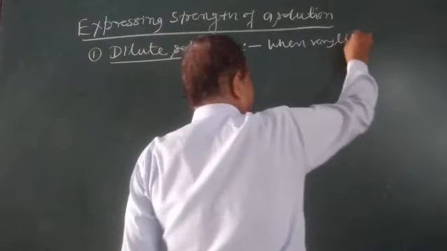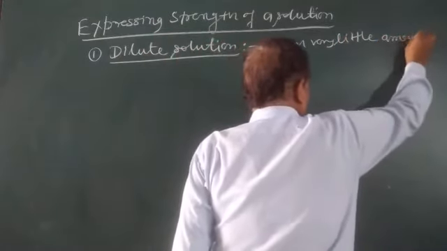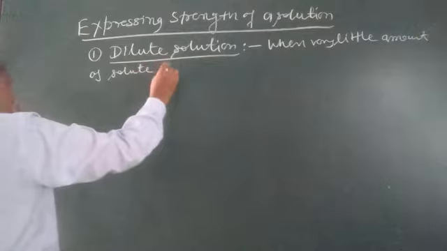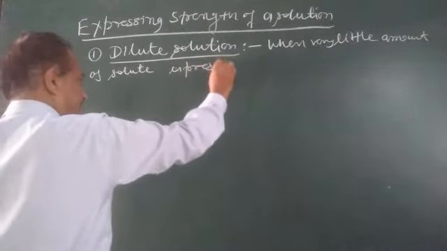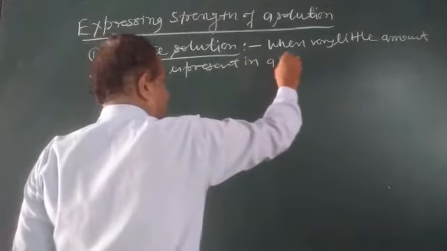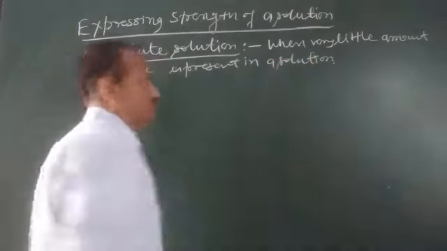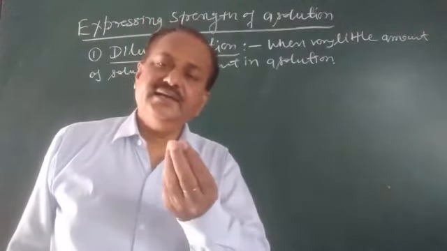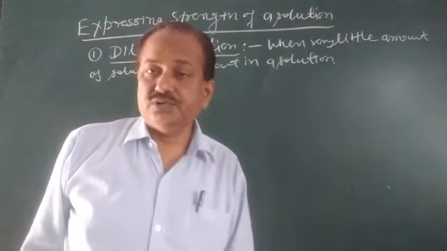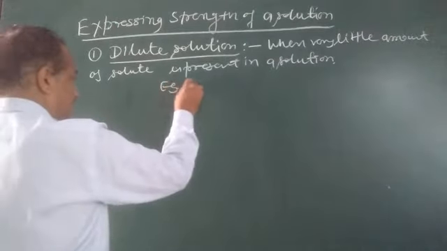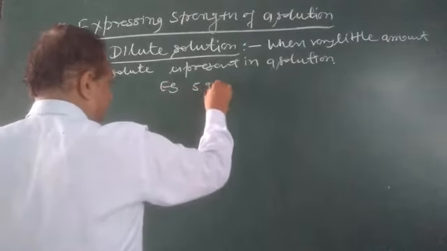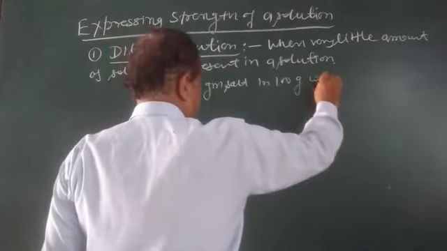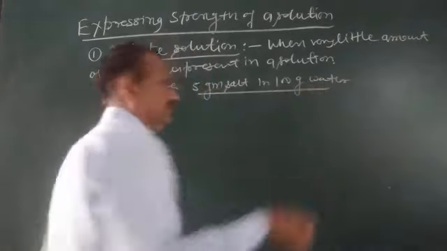Like if you take 100 gram of water and add 5 gram of sugar or salt, for example, 5 gram salt in 100 gram water, this is said to be dilute.